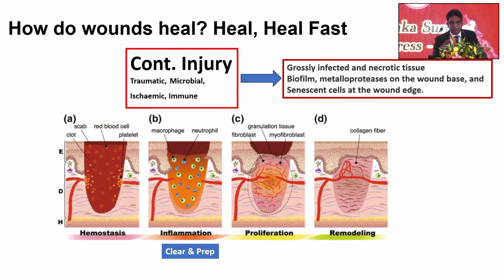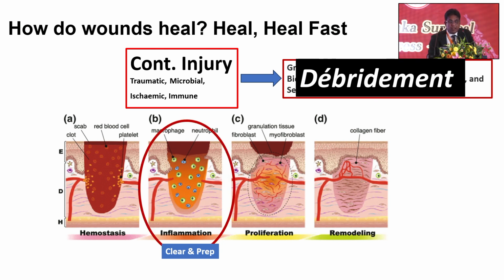Let me repeat, the biofilm, the metalloproteinases that come from infection, but even from non-infective cells, which are on the wound base, and the senescent cells at the edge. The fibroblasts completely change their appearance and function, and start producing stuff like what bacteria do, giving rise to a very hostile environment.